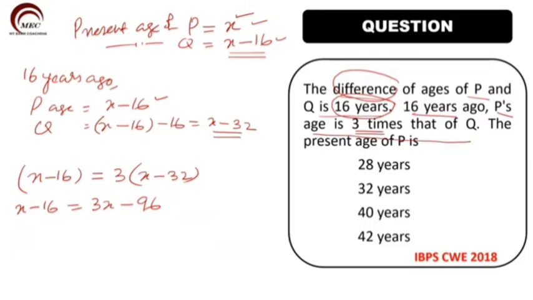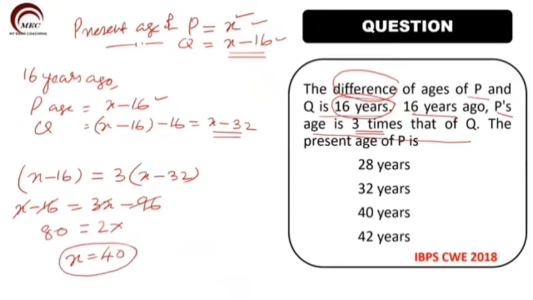So here I have 3X. Here we have 1X. So remaining will be equal to 2X. Here I have 16. When I take this minus 96 to this side, I'll get 80. So I got X is equal to 80 divided by 2, which is equal to 40.